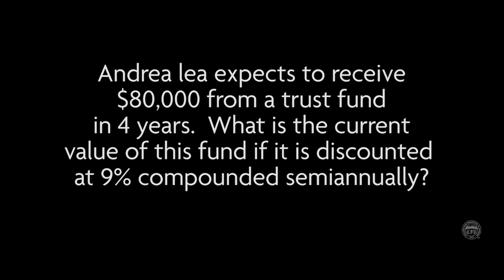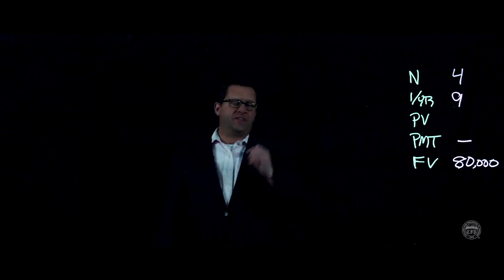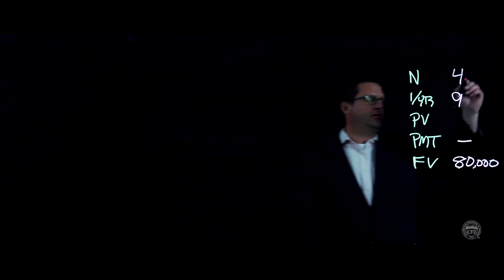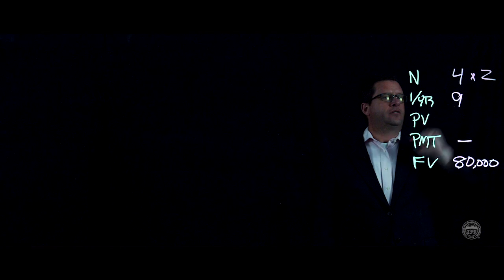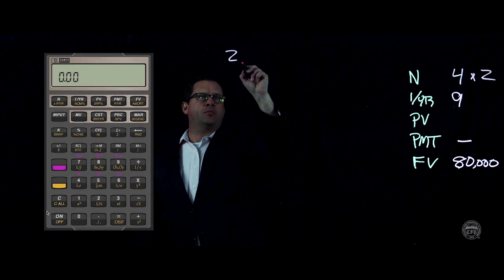All right, in this scenario, Andrea Lee expects to receive $80,000 from a trust in 4 years. What is the current value of this fund if it is discounted at 9%, compounded semi-annually? Now, the first clue that we were given in the problem is that that's semi-annual compounding. Okay? So we're going to have to set our calculator for 2 compounding periods per year.